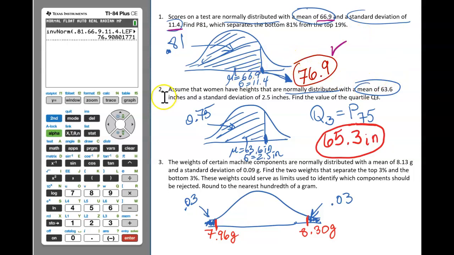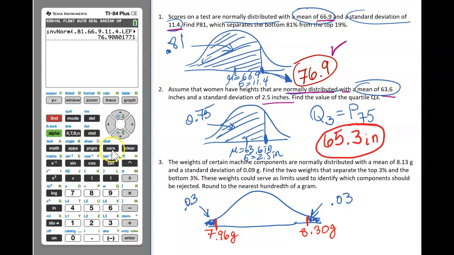So the first answer is the same. In the second problem, we need to find the value of quartile 3, which is the 75th percentile, given a normally distributed population of the height of women with a mean of 63.6 and a standard deviation of 2.5 inches.